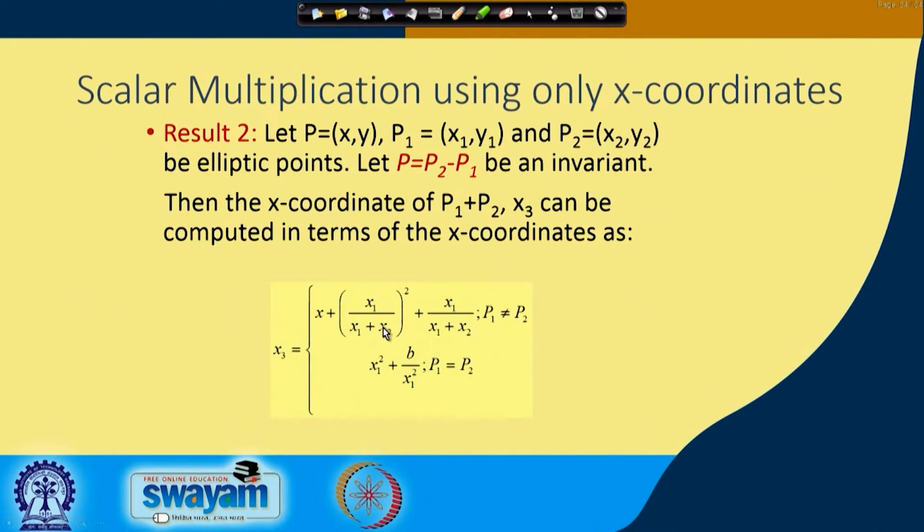Note that x is predetermined, already known, and therefore the entire computation is devoid of any y coordinates. This result can also be derived quite easily, in a similar fashion. So, let us try to do this derivation.